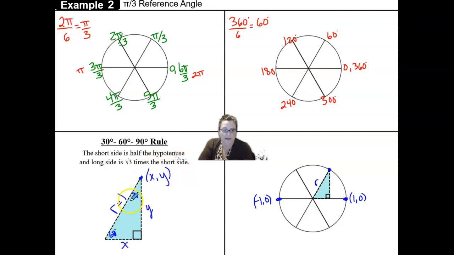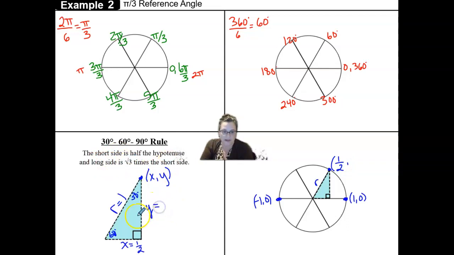So if my short side is half the hypotenuse, that means the short side, the one opposite the smallest angle, is going to be half of 1. So my x-coordinate of the ordered pair is 1/2. Then the long side is square root of 3 times the short side.